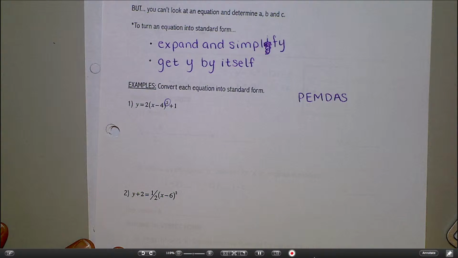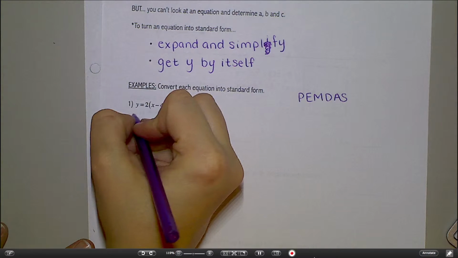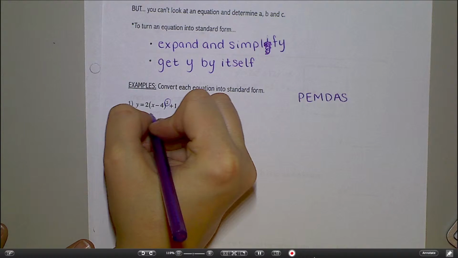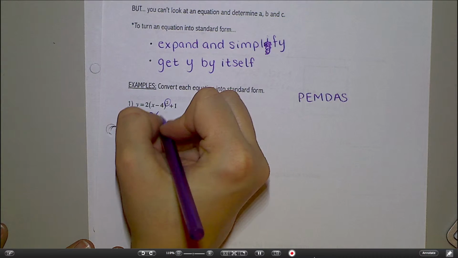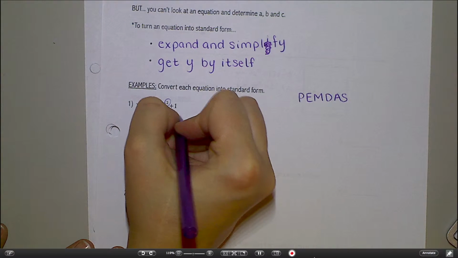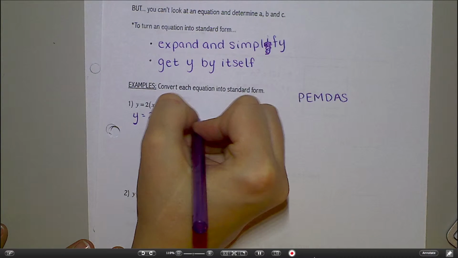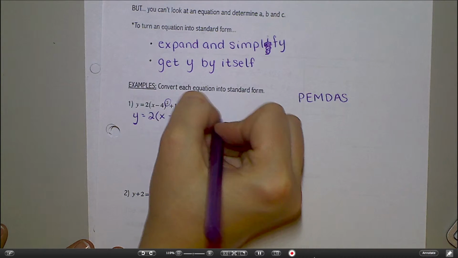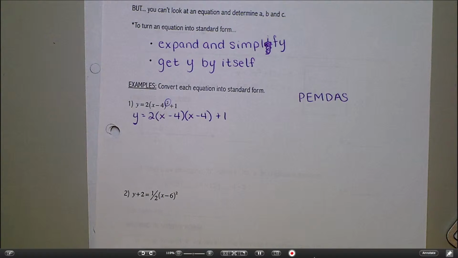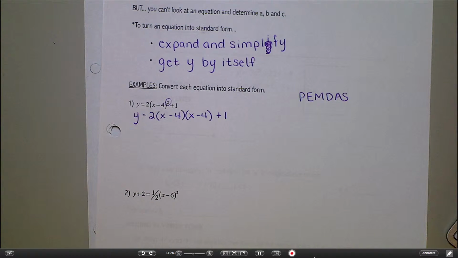So how do I work with that square? Yeah, I want to write it out twice. I would square root if I were solving this, if I were trying to find what x equals. I'm not. I'm just trying to rearrange this equation. So remember that square means to write it out twice.